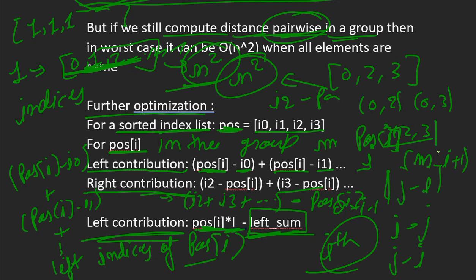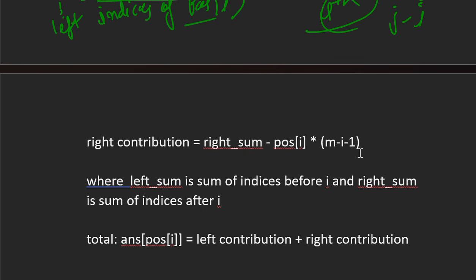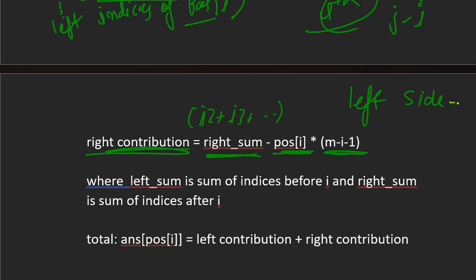On the left side we already have i elements, and then one element is position of i itself, so the remaining total is m minus i minus 1. So the right contribution is the right sum, i2 plus i3 and so on, minus position of i times m minus i minus 1.